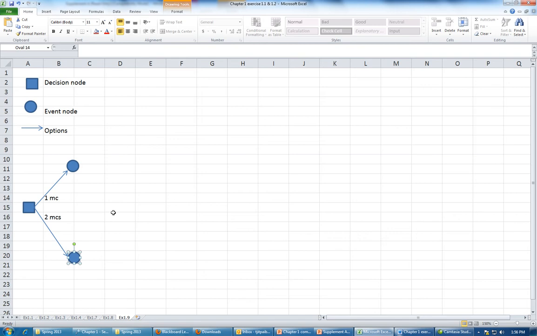Each event node will be followed by two events. One is when the demand is low, another one when demand is high. So this one is going to branch out into two.